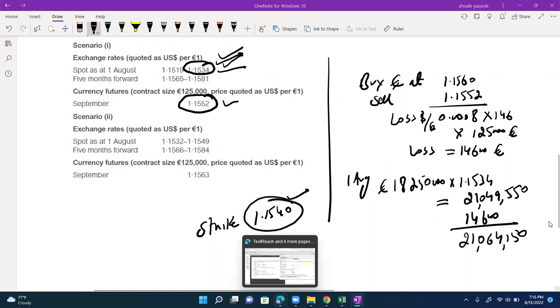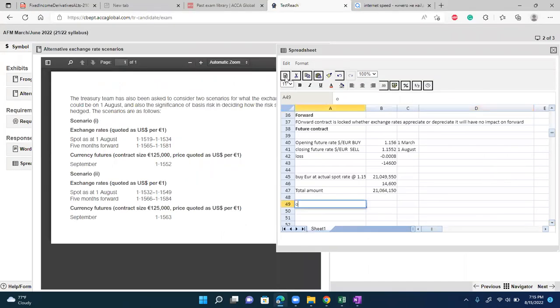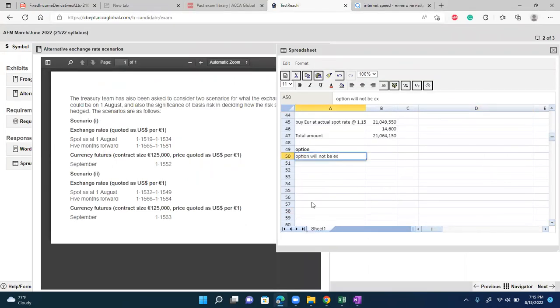So in the option contract, you will write that we will buy 18.25 million euro at the market rate, 1.1534.